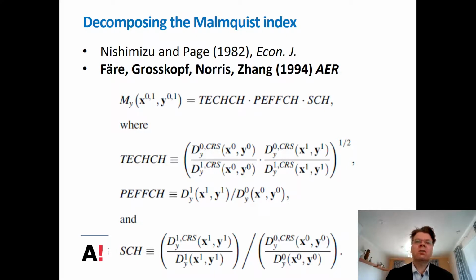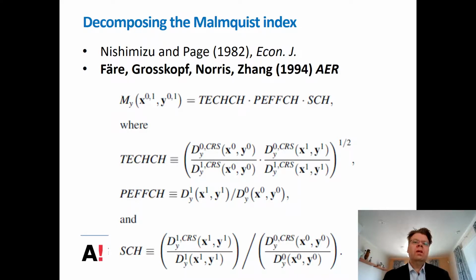So they refer to Farrell's 1957 paper. But essentially, they have the same idea of using these distance functions or Farrell efficiencies, if you like, and measuring the technical change and efficiency change components in a very similar way. In my view, it's a bit of a pity that this Nishimizu and Page paper doesn't get as much credit as it would deserve in this context.